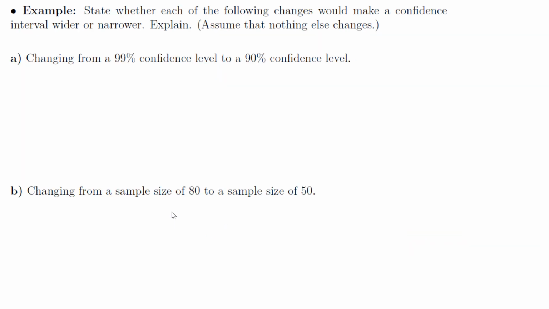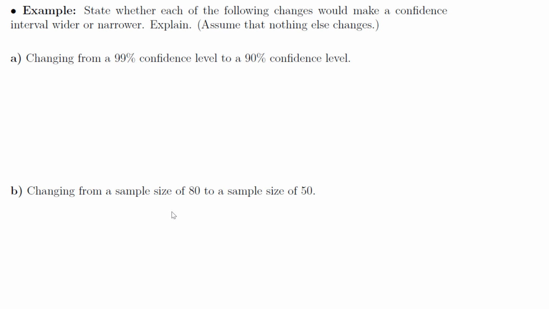One last example here, just to try to build our intuition for what's happening with these confidence intervals. This would be a good one to pause yourself and just ask yourself, in these situations, if everything else stays the same, would we expect our interval to narrow or widen.